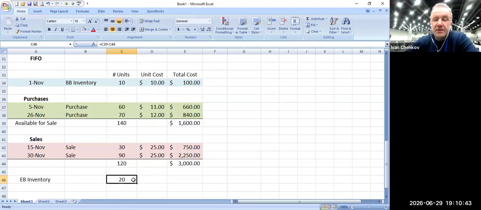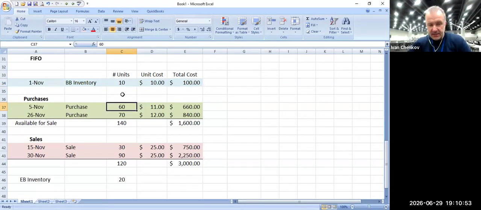Because I have only 20 units. And so first, what am I going to sell? First, I'm going to sell the 10 units from the beginning inventory. Then I'm going to sell the 60 units from the first purchase. And then I'm going to sell another 50 units from the second purchase. So the only 20 that are left are from the very last purchase, which is for $12 each. Correct?